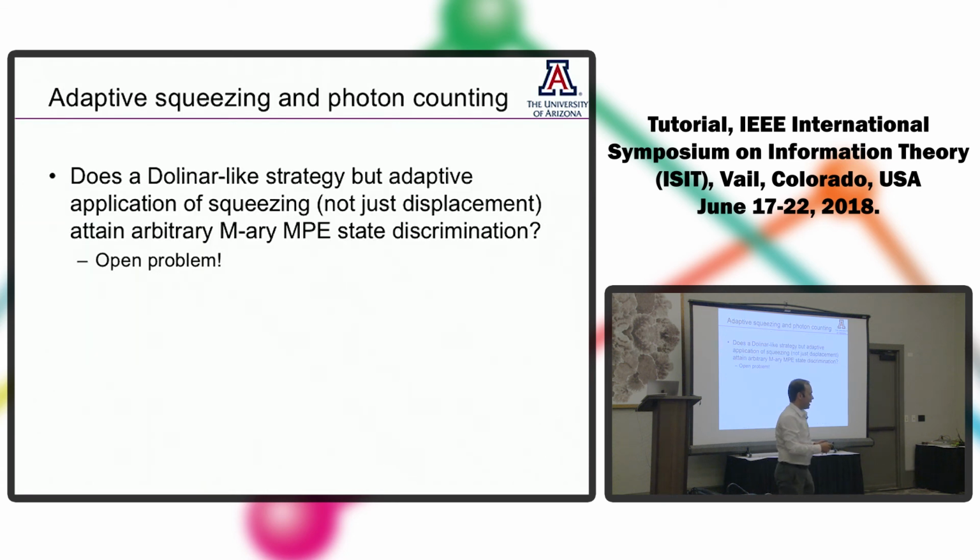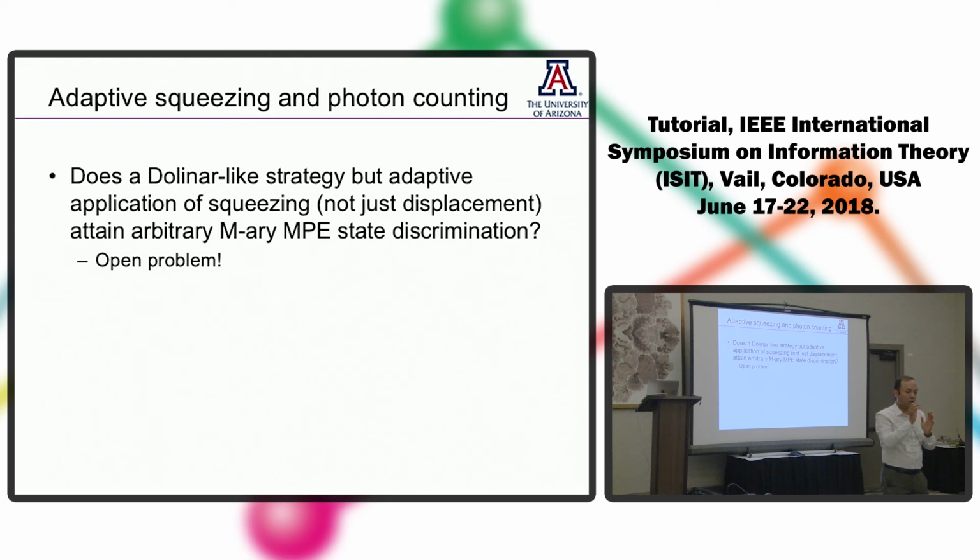So what it suggests, and this is an open problem, is this: for the Dolinar receiver, we had two states that had different means. Alpha and minus alpha were centered at different points in the phase space. And that's why playing with displacement enabled us to get this minimum error probability by playing with the photodetection post-detection statistics.